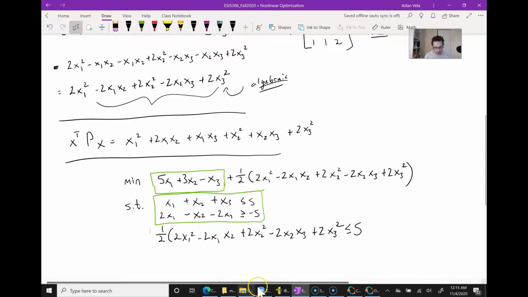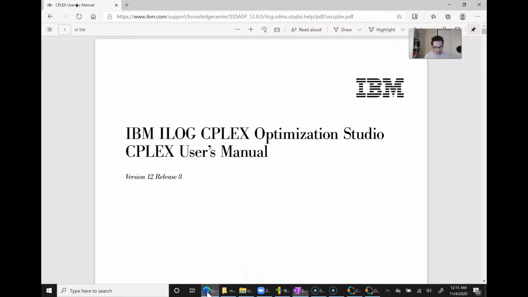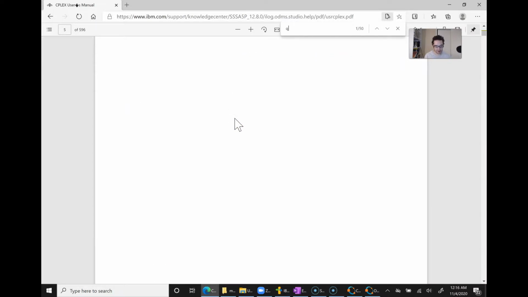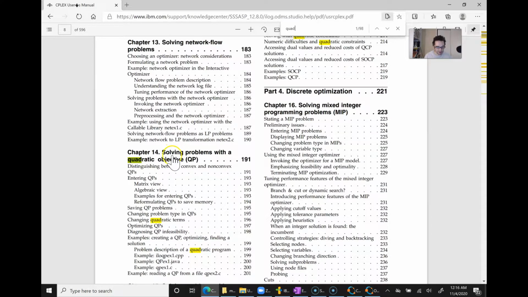All right, so I'm going to post the Cplex manual here. And supposedly this tells you how to use the Optimization Studio. But I'm going to be honest, it's not actually the best documentation. It's quite a bit confusing.